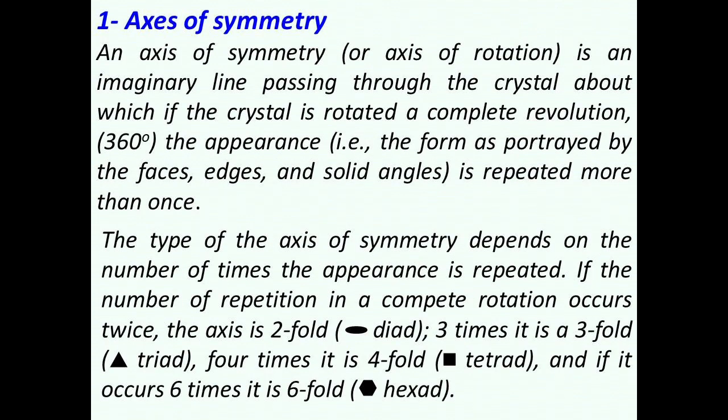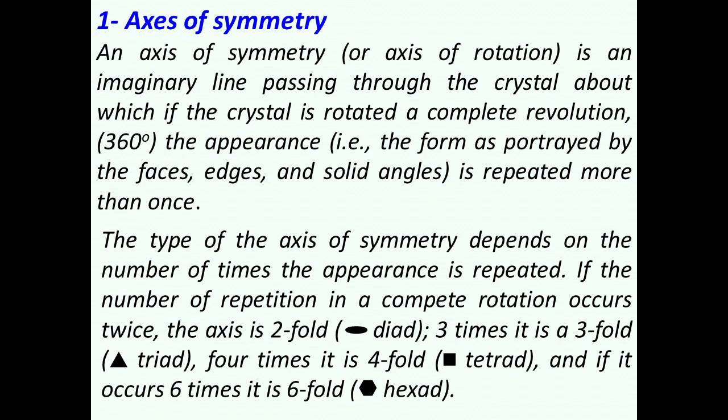1. Axis of symmetry. An axis of symmetry, or axis of rotation, is an imaginary line passing through the crystal about which, if the crystal is rotated a complete revolution, that is 360 degrees, the appearance, in other words, the form as portrayed by the faces, edges, and solid angles, is repeated more than once.